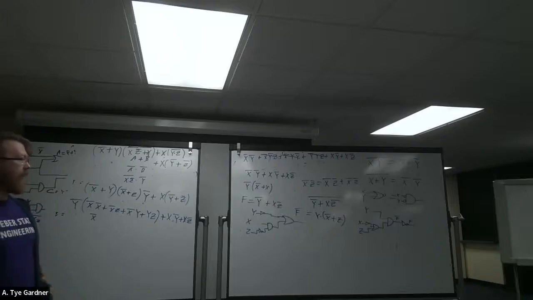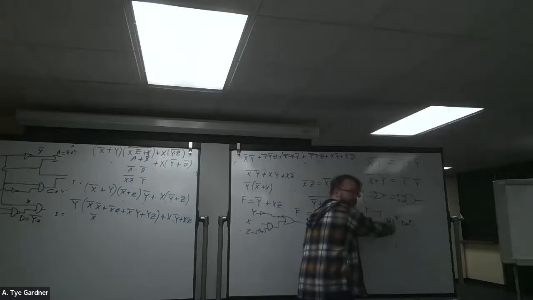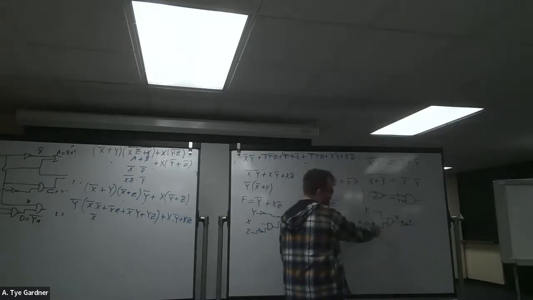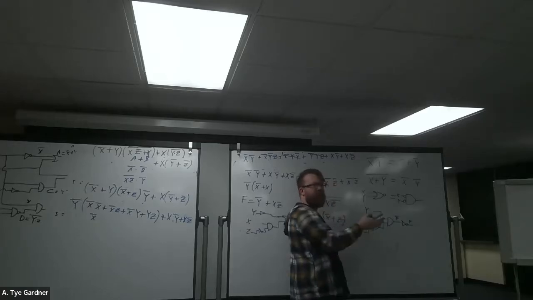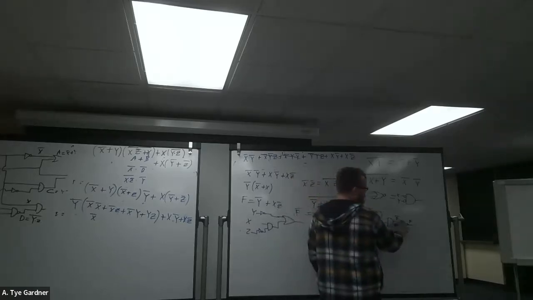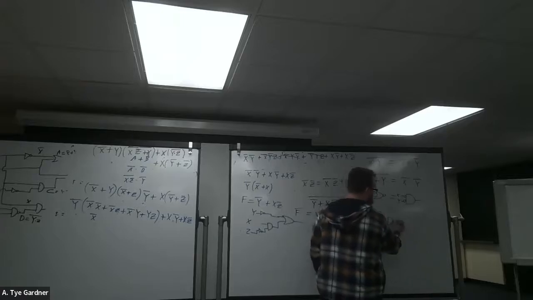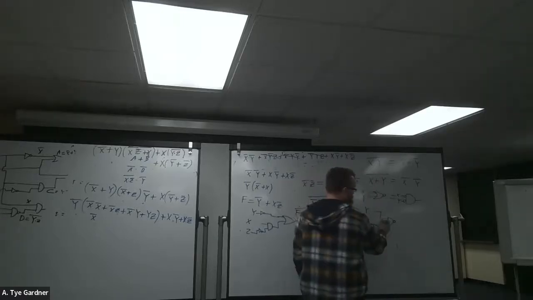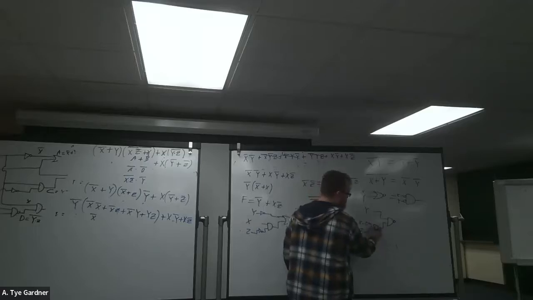If I decided I wanted NAND gates, then I could turn these into NAND gates. This one gets a little bit weird because I push this bubble into here, and then this is still not a NAND. So I would push this bubble up against the OR and then put an inverter here. I'll just do it. I push this bubble that was on the inverter here. Now that's a NAND. This one I want to be a NAND, so I'm going to add two bubbles at the input.